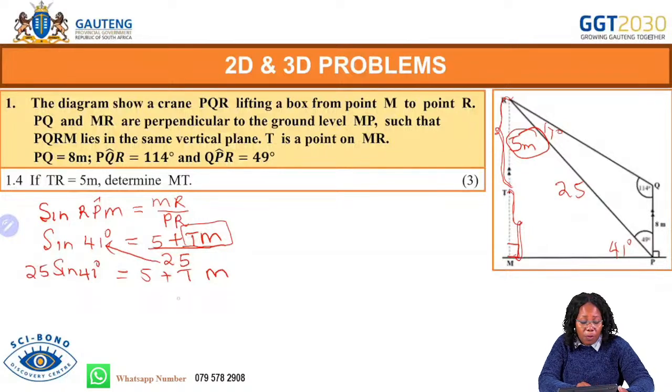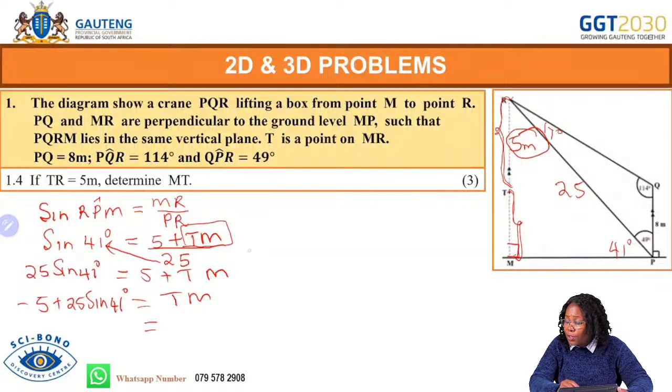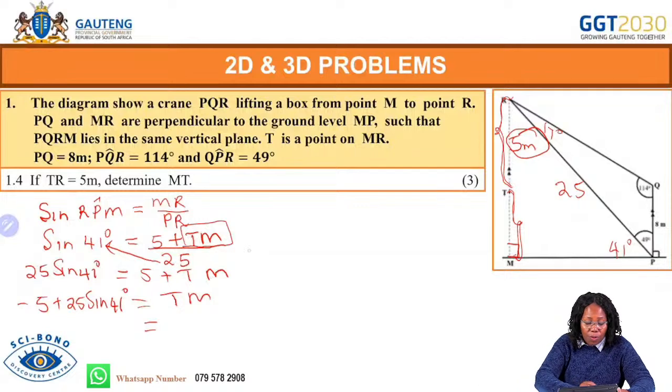And then transpose 5, it will be TM equals minus 5 plus 25 sine 41 degrees. And our answer for TM now will be equal to 11,40 meters. That is the distance TM.